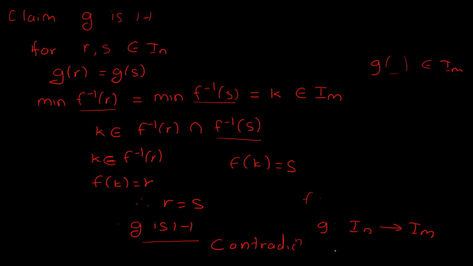Therefore such a map cannot exist. If such a g cannot exist, that means such an f also cannot exist. That means this f is not onto. Basically such an onto function cannot exist. That is, there is no onto map from I_m to I_n if m is less than n.